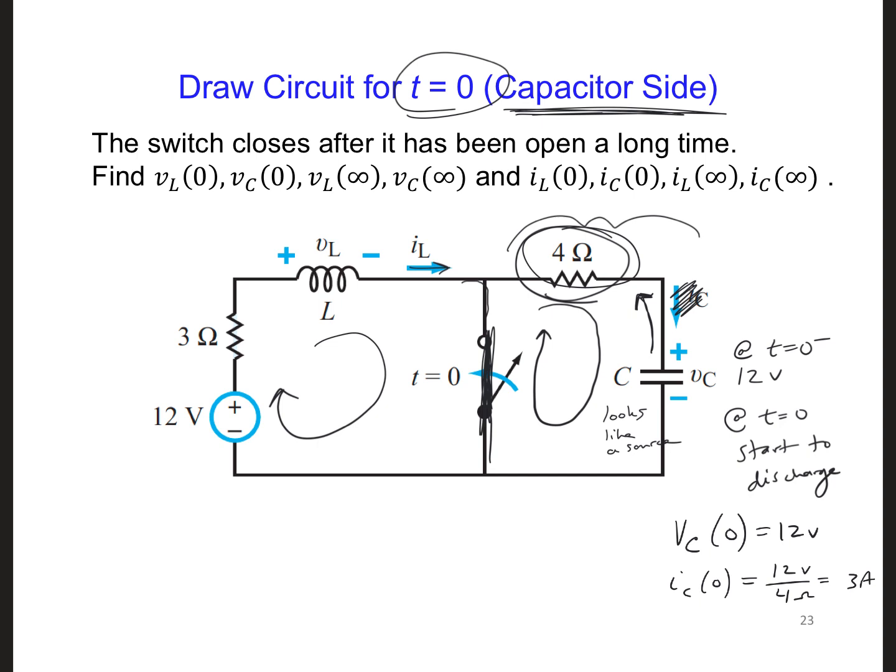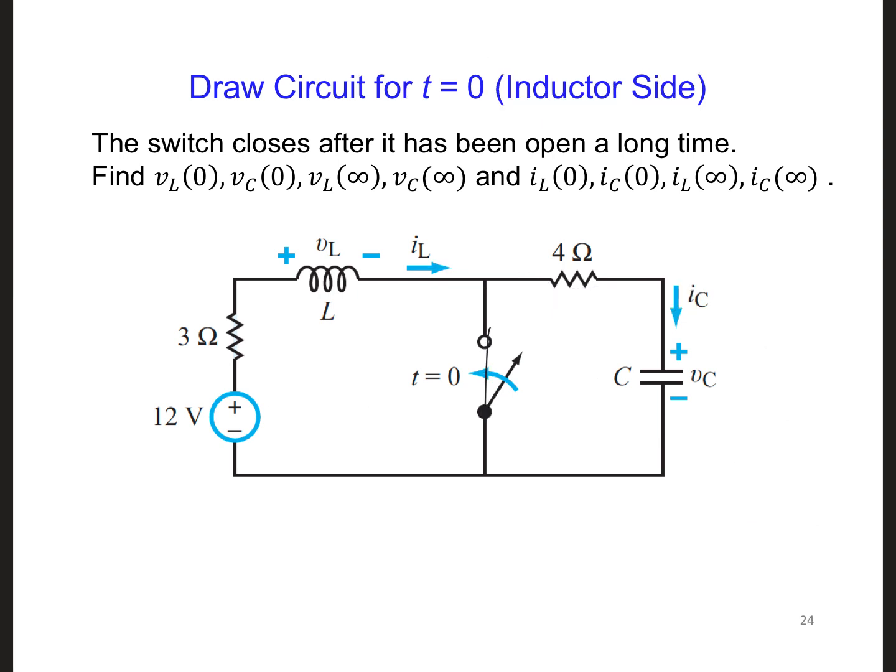And so if we choose the downward direction as the positive I direction, that was what was marked, then it's going in the opposite direction, so I'm going to have a minus sign there. The current at time equals 0 through the capacitor and through that resistor as well is going to be minus 3 amps.